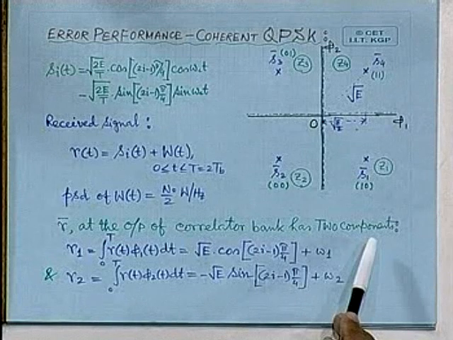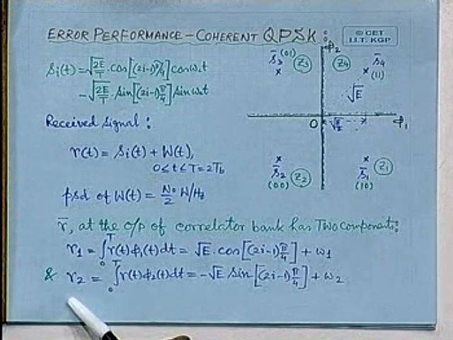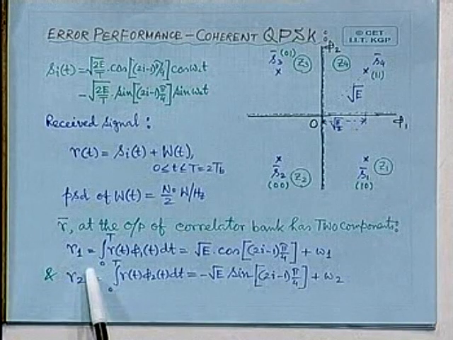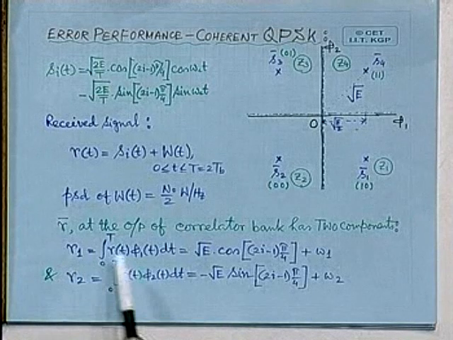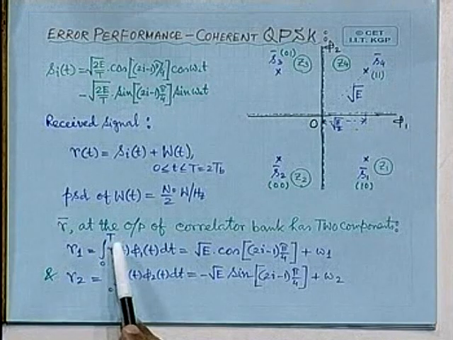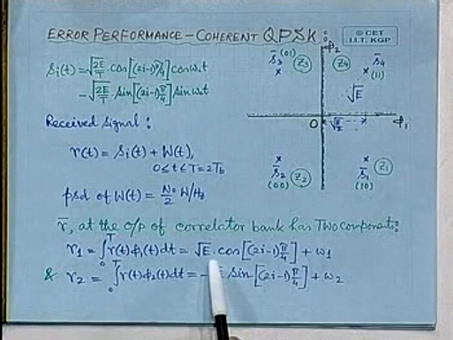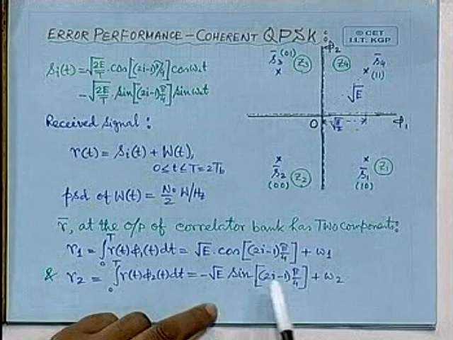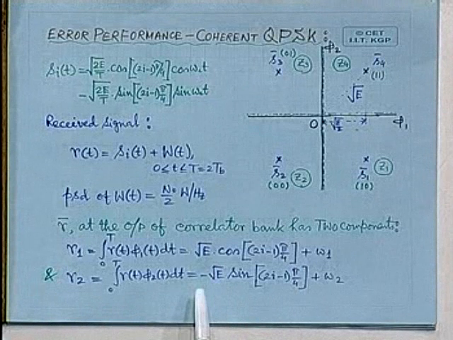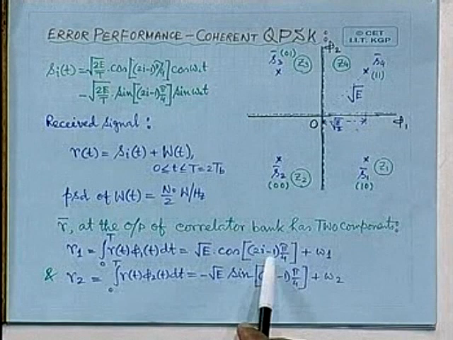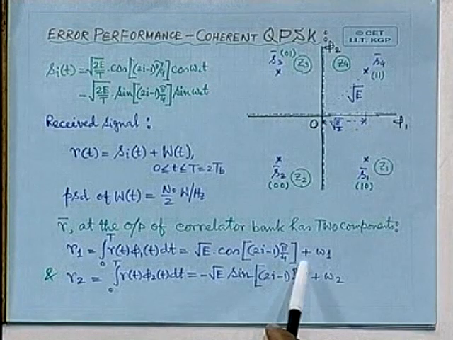So, the correlator will have 2 output components, I am calling them R1 and R2, and R1 by our general definition is the integration of R(t) phi 1(t) dt over 0 to symbol duration T, and you should calculate and find out that this expression comes out to be root E cos (2i minus 1) pi by 4 plus W1.